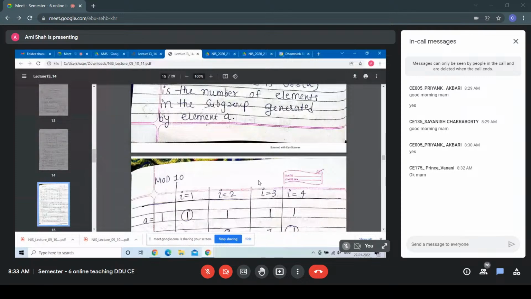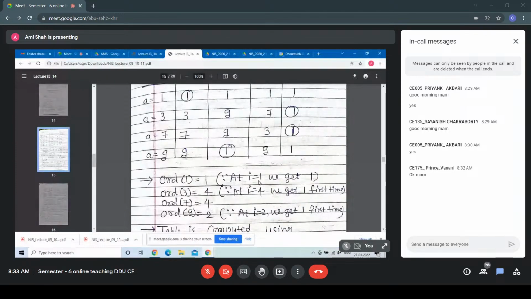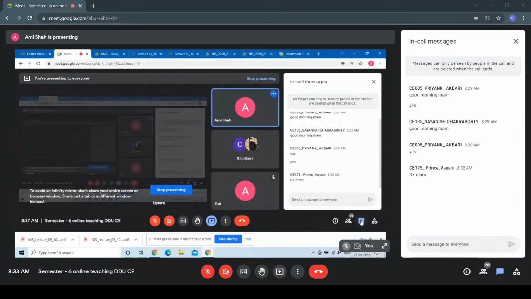First of all, can anyone tell me what is Z10 star? Z10 star means? Please reply in the chat window, everyone. What is the meaning of Z10 star?